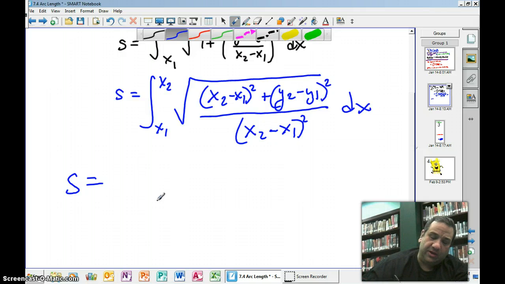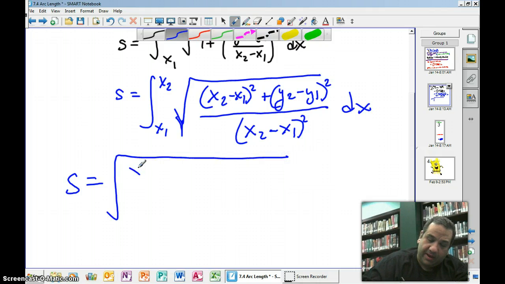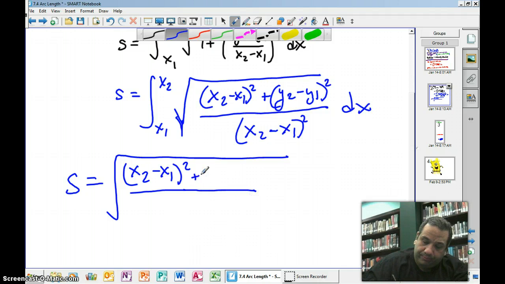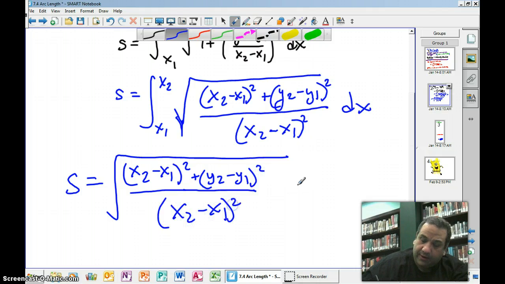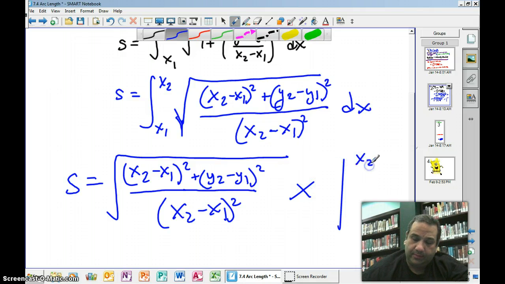So when I integrate this, I'm going to get this whole thing, which is this bad boy, x2 minus x1 quantity squared plus y2 minus y1 quantity squared over x2 minus x1 quantity squared times x, evaluated at x2 and x1.